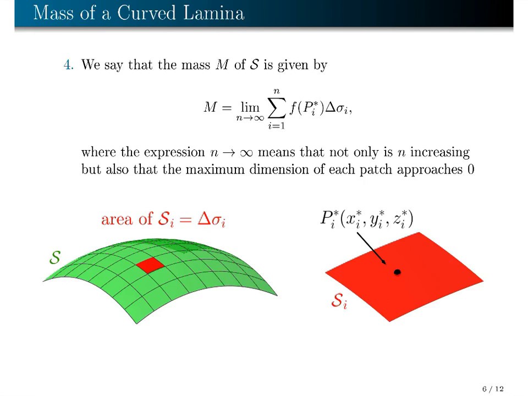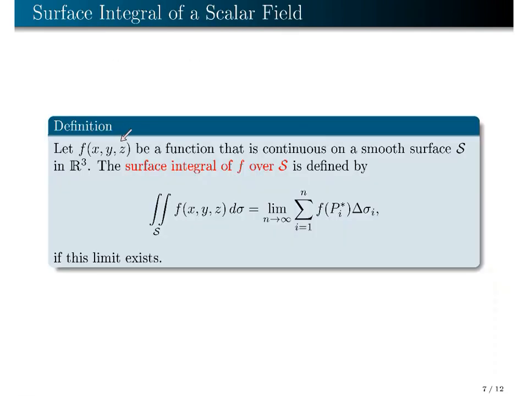This leads us to the definition of the surface integral of a scalar field. Let f of xyz be a function that is continuous on a smooth surface S in three-dimensional space. We define the surface integral of f over S to be the limit of the summation of f of Pi star times delta sigma i, where the sum runs from 1 to n, and the limit is taken as n approaches infinity, provided that this limit exists.